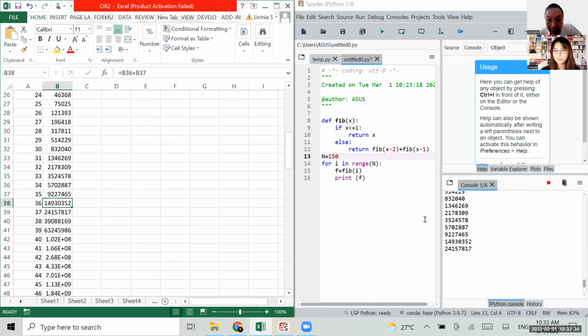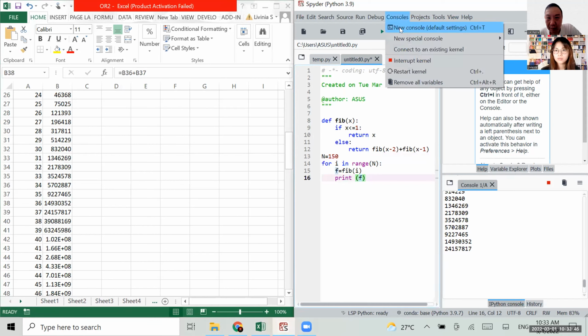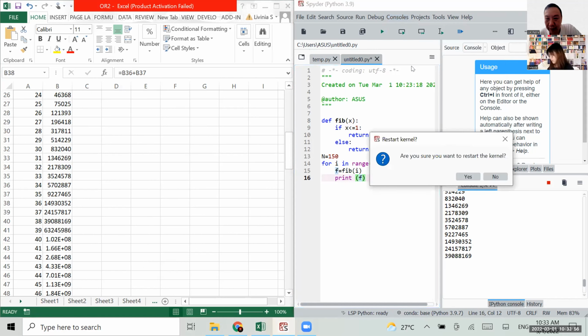Check print i comma f so that you will know the n. Okay, you stop it, control, restart. Restart kernel, yes.